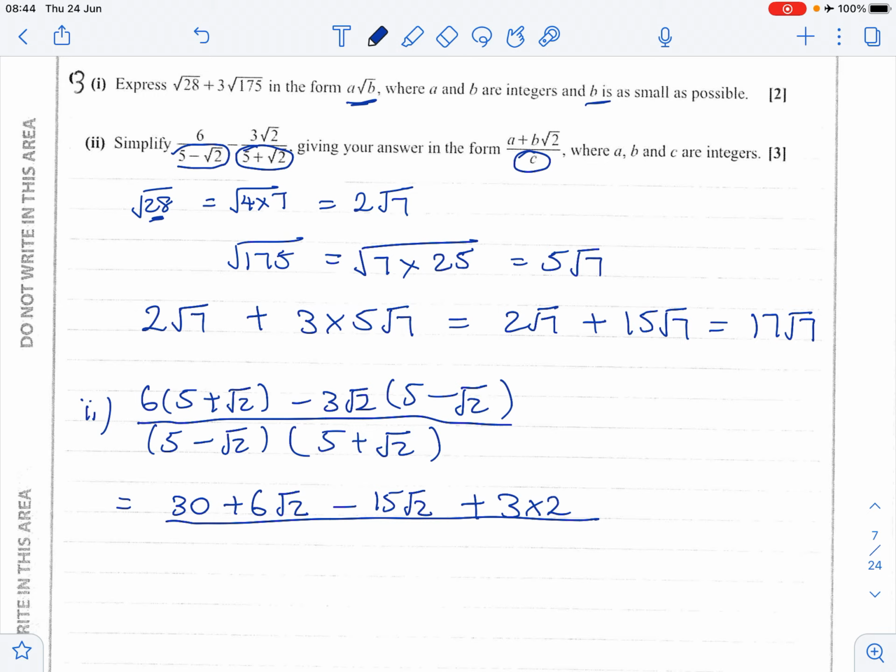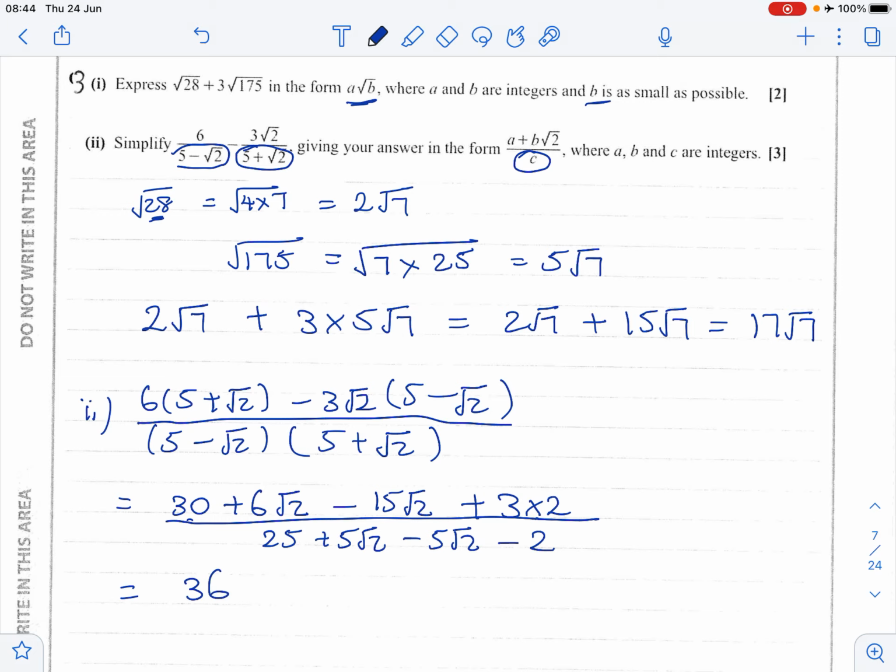Then expanding our bottom, 5 times 5 is 25. 5 times plus root 2 is plus 5 root 2. Minus root 2 times 5 is minus 5 root 2. And root 2 times root 2 is minus 2. Then simplify our expression. We have 30 plus 6, which is 36.